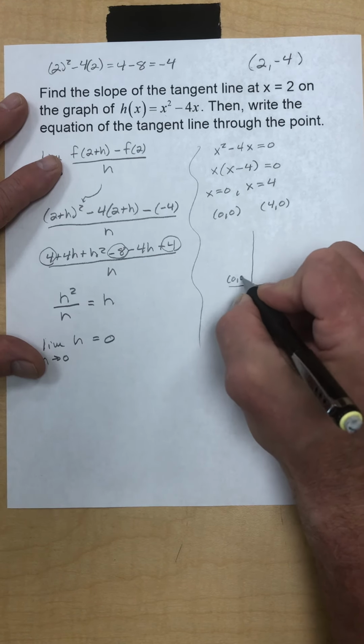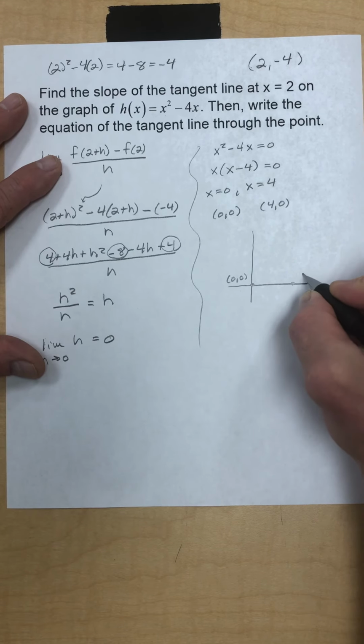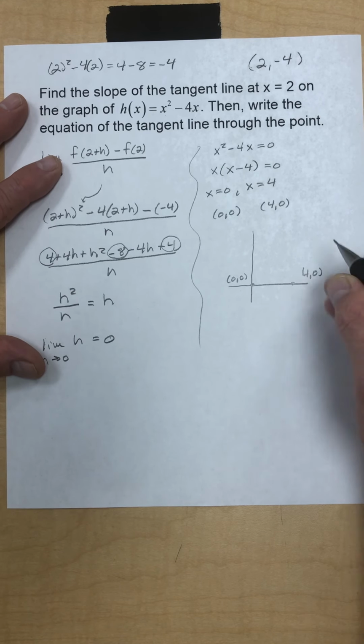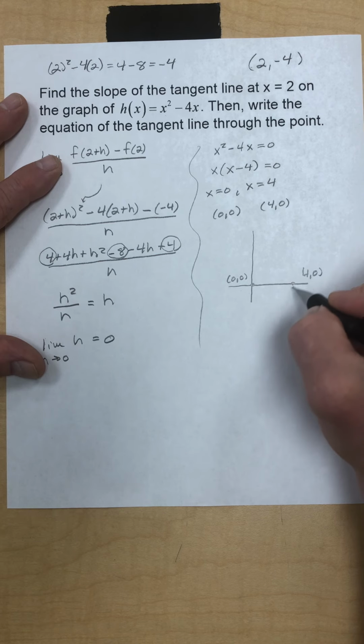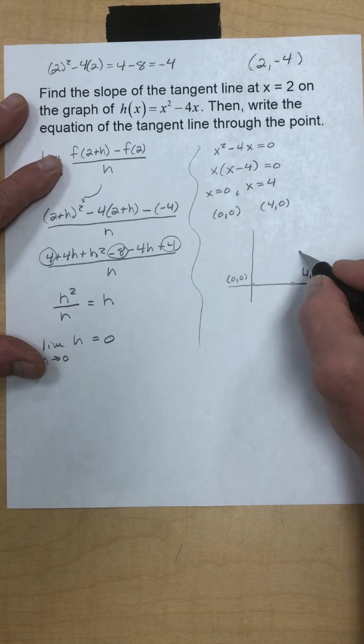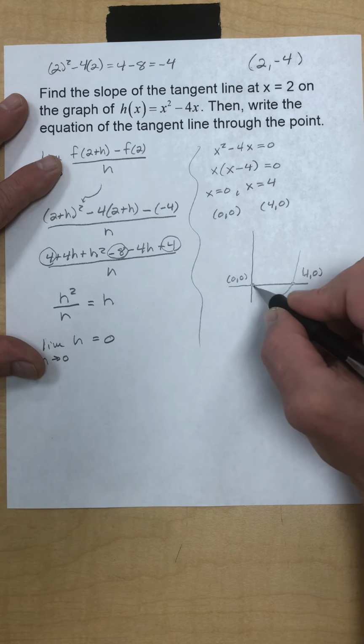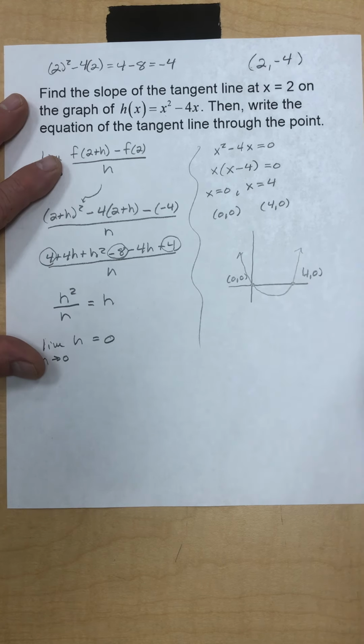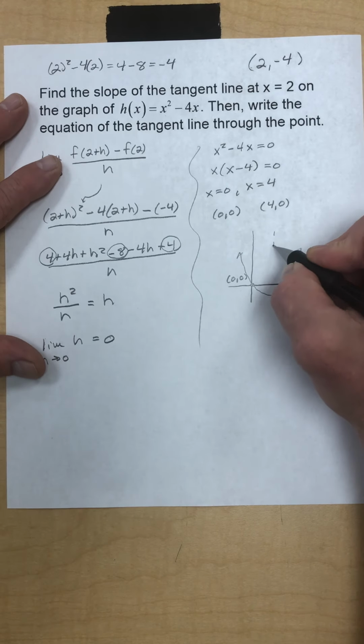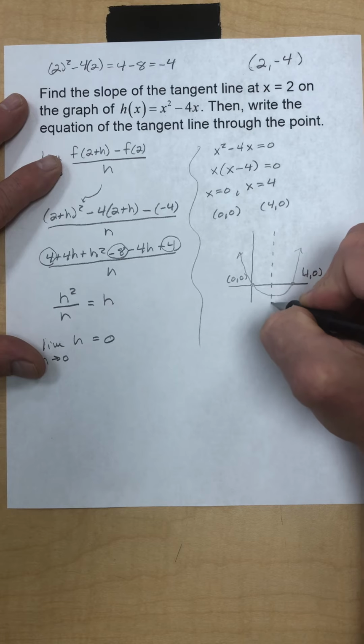I know I have some sort of parabola doing this. Don't make too much fun of me. That means I have to have an axis of symmetry right here.